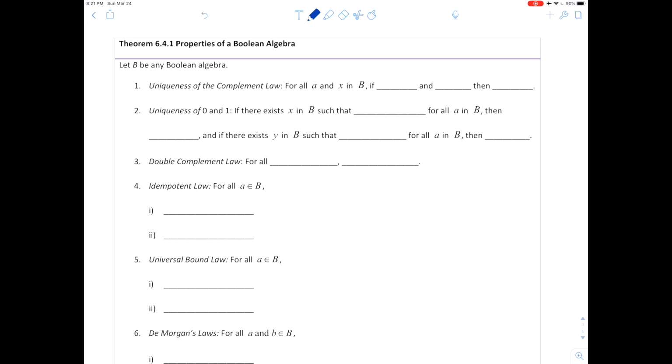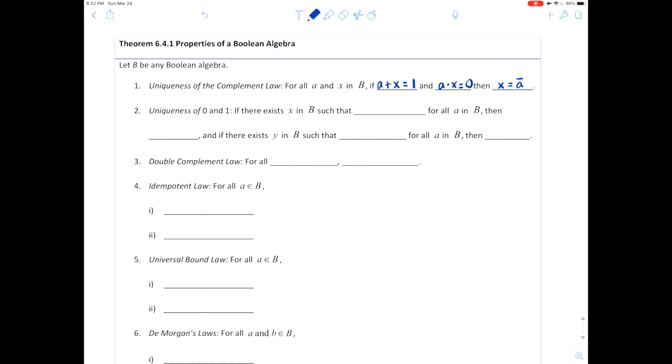All right, so let's get to this theorem that has several properties of a Boolean algebra. B is any Boolean algebra. 1, uniqueness of the complement law: for all A and X in B, if A or X is equal to a tautology and A and X is equal to a contradiction, then X is equal to not A. Okay?